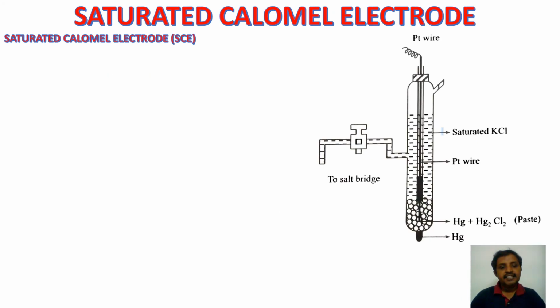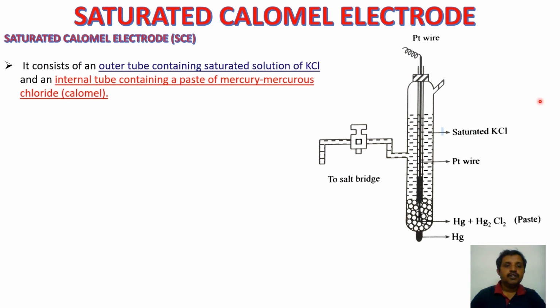Now, let us discuss the standard calomel electrode. It consists of an outer tube containing saturated KCl, and an internal tube containing a paste of mercury and mercurous chloride, which is also called calomel.